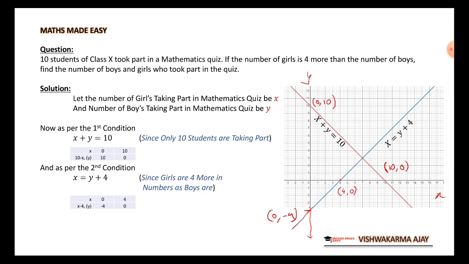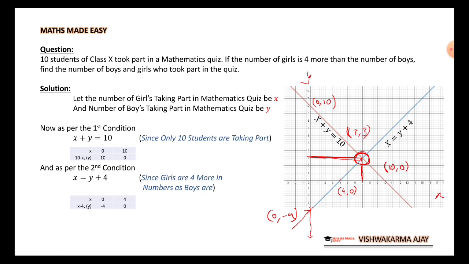Okay. Now since we have finished drawing our lines, we have to find the intersection point between these two lines. If you see this, there is an intersection point in here, exactly at this point. So this point is going to be our solution. I'm going to label it as x equal to 7 and y equal to 3.